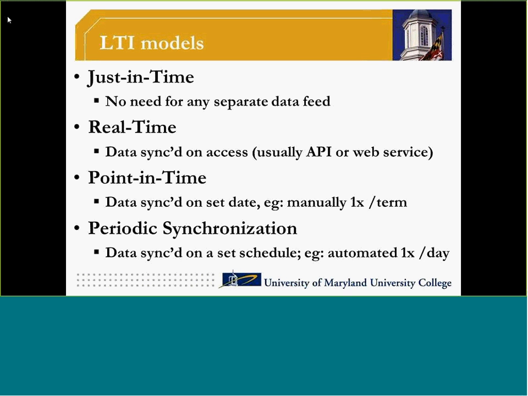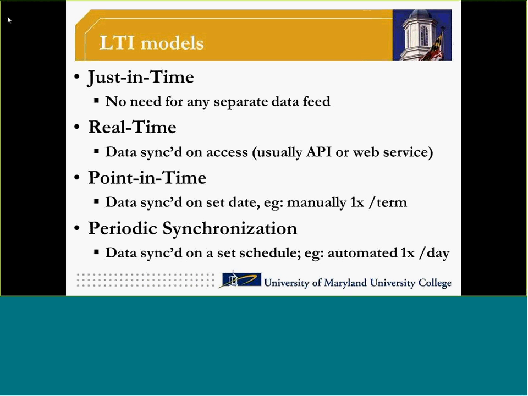So in many cases, you're going to have to resort to one of the third or fourth models on this slide. For example, the point-in-time synchronization is useful if you have to upload something once a term, or once a semester, or once a month, or twice a year. If that data needs to be synchronized that rarely, you're probably going to choose the point-in-time approach, where someone manually crafts the file and uploads it at a point in time, and that's how we keep things in sync.